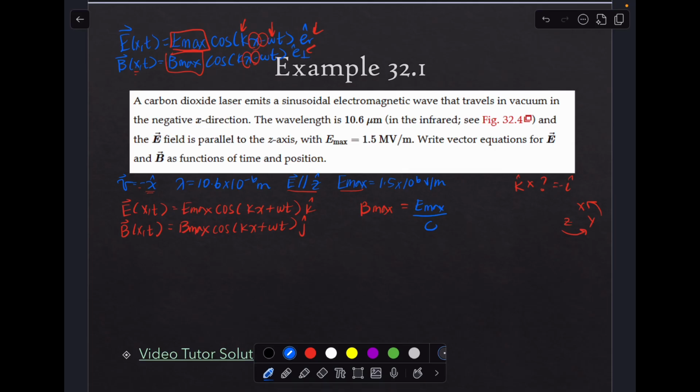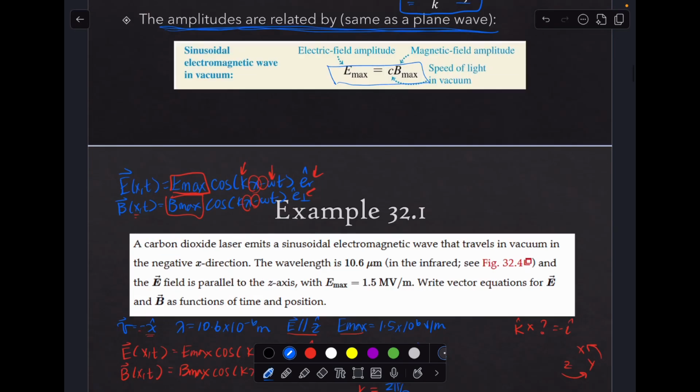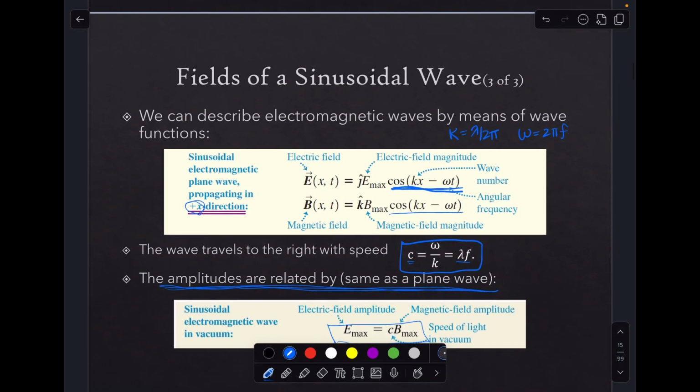And then k would be our next unknown, which is 2 pi over lambda. I'm sorry, lambda over 2 pi. It is 2 pi over lambda. Did I write it wrong up here? I did. Sorry about that.